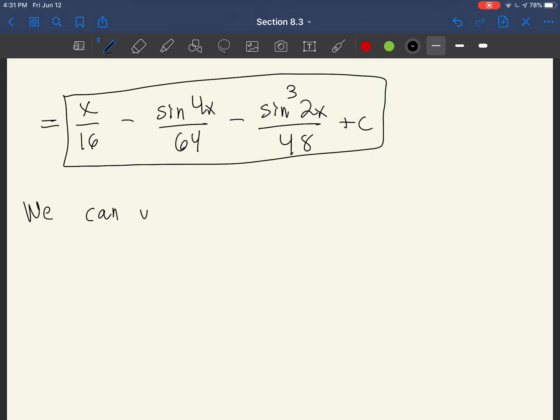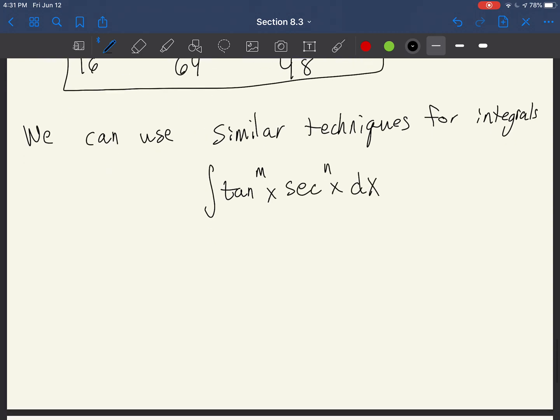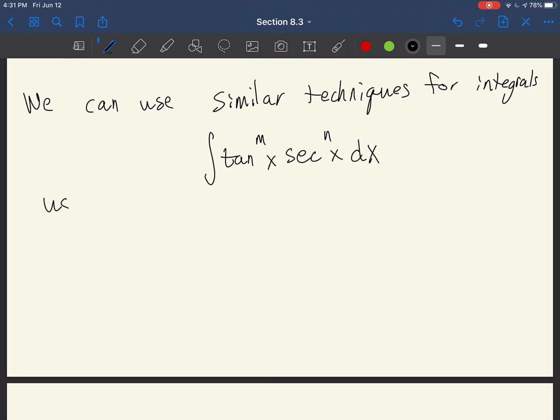So last comment is that we can use similar techniques for integrals, the integral of tangent to the mx secant to the nx dx.